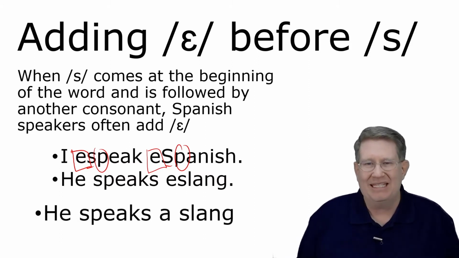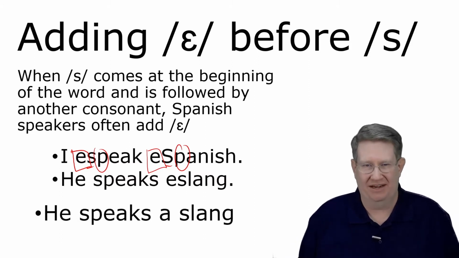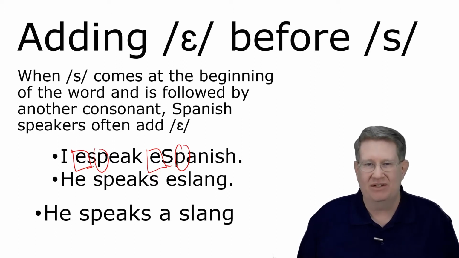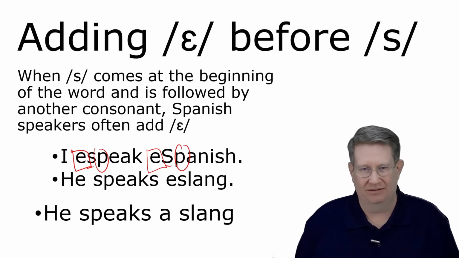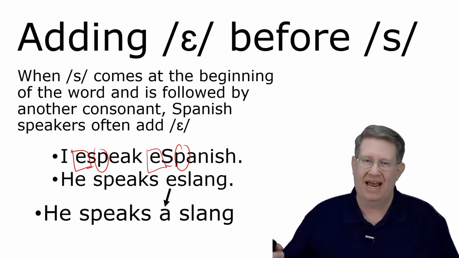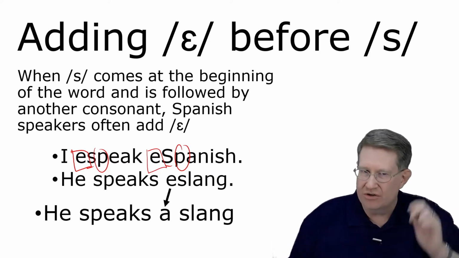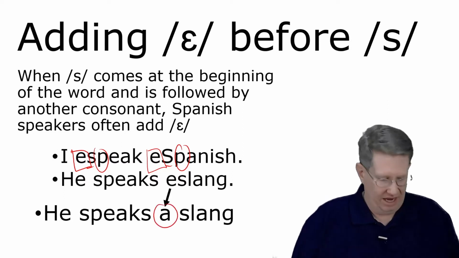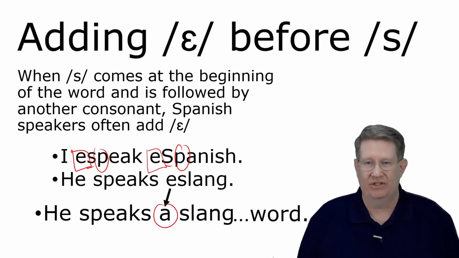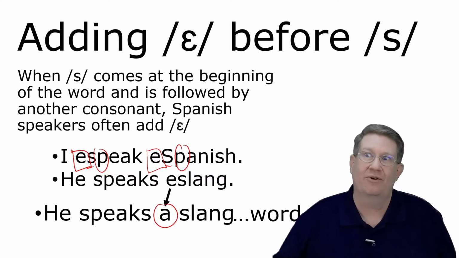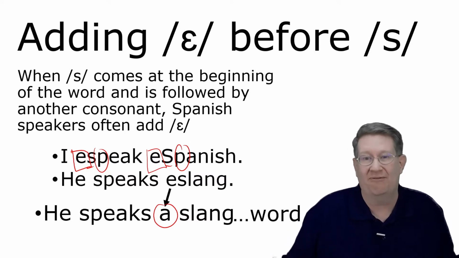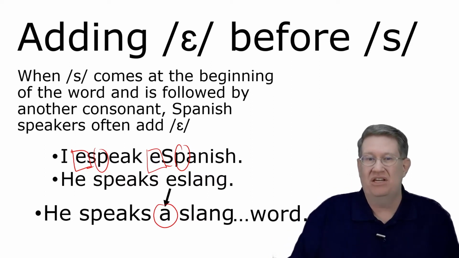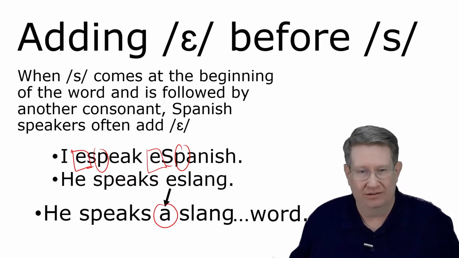Well, this might be what people hear instead. Okay? He speaks a slang. Okay? So that a slang, my English ears are going to hear that as this a. And the effect that that has is that I'm waiting for you to finish your sentence. I'm waiting for you to say something like, he speaks a slang word.